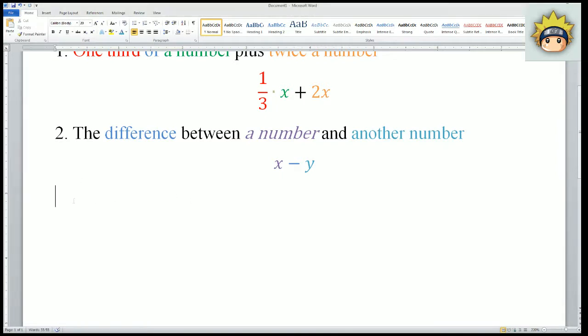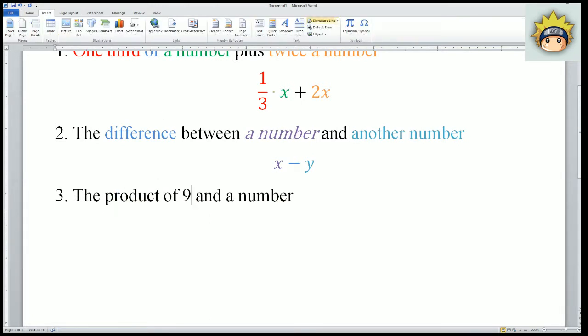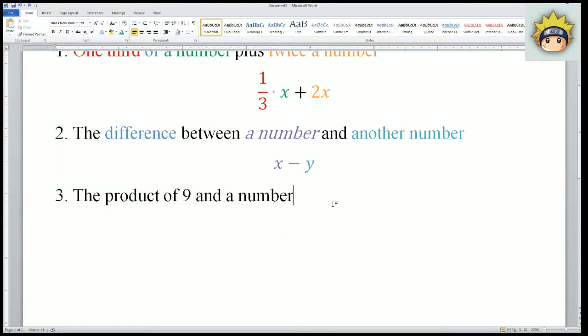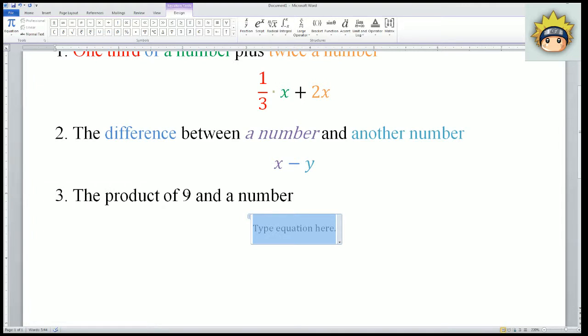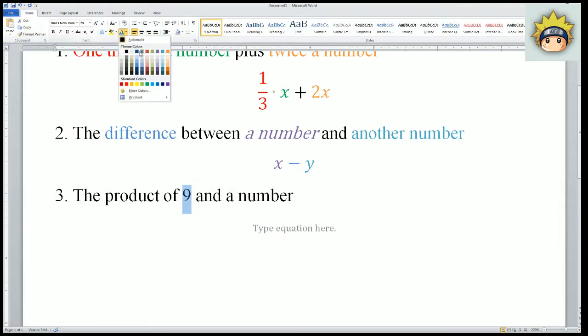3. The product of 9 and a number. Product of 9. Let's do that one first. Insert equation, right? We want the product of 9, so you want to start by writing the number 9.